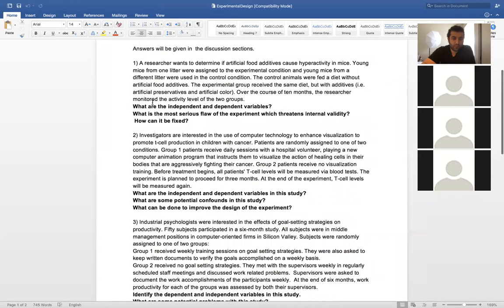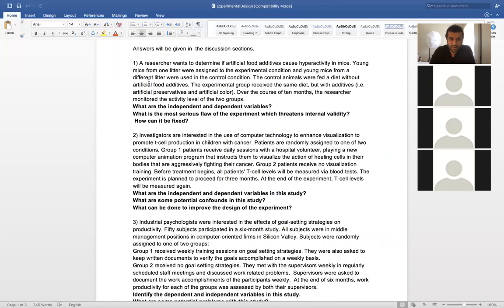So for number 1, for each of the 5 scenarios, we want to determine what is the dependent and what is the independent variable. And that's important for you to notice and to be fast at it. So let's cover number 1. A researcher wants to determine if artificial food additives cause hyperactivity in mice.